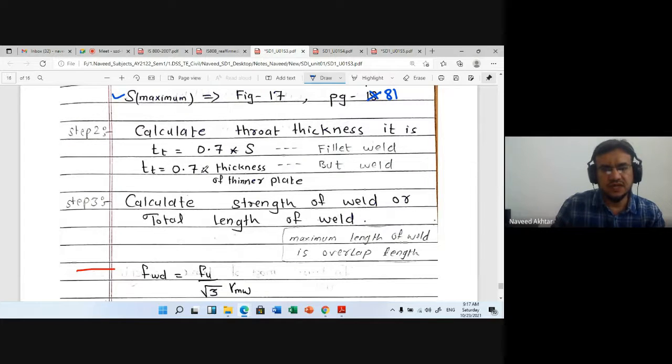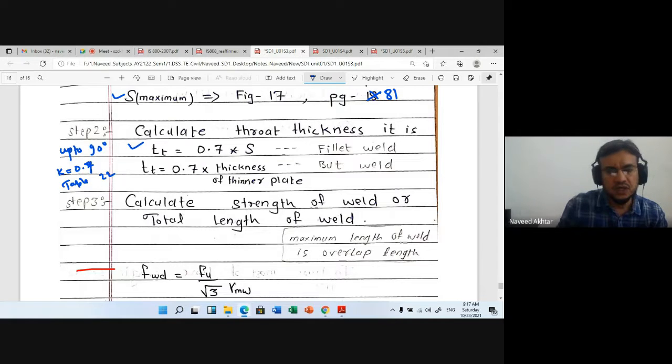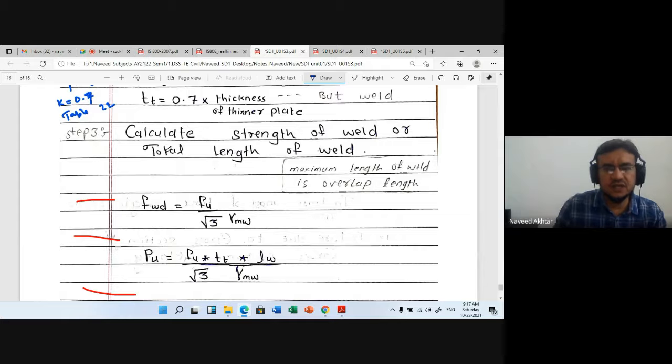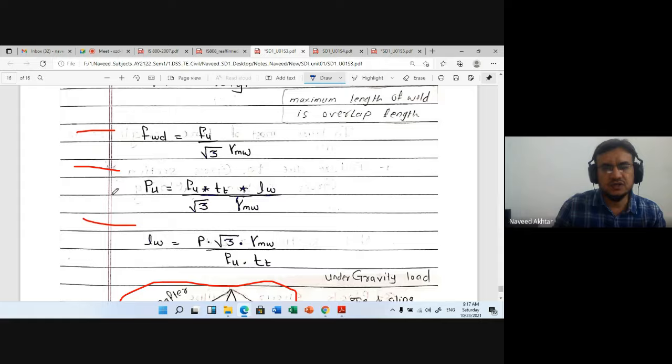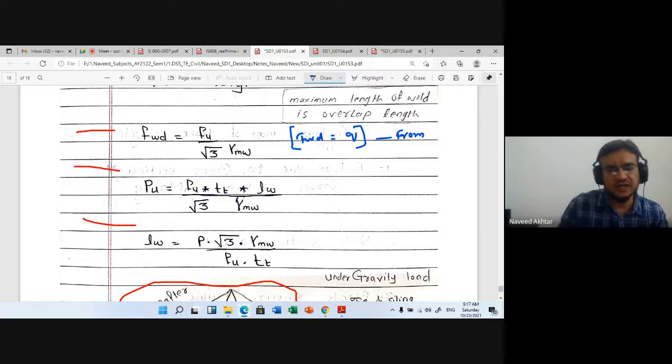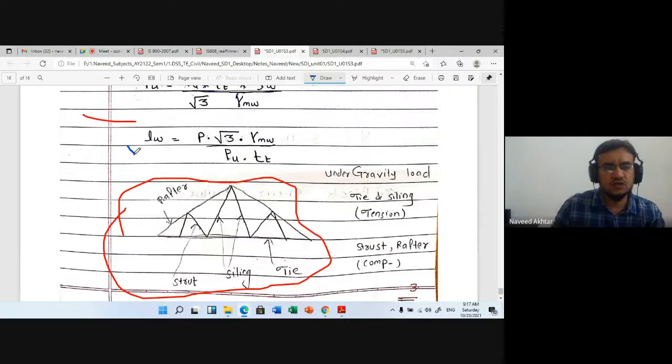If the angle is up to 90 degrees, then you have to use this formula, and the K value will be 0.7 from table number 22. Then calculate the strength of weld, and you have to equate the FWD equal to Q. The formulas from the IS code you can take, and based on that you can easily find out the total length of weld.